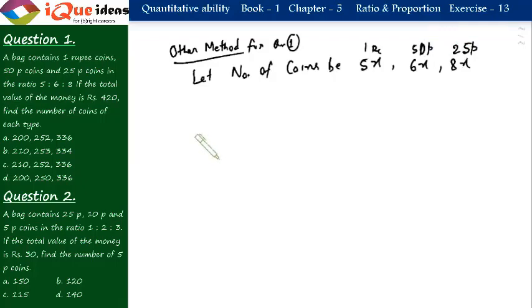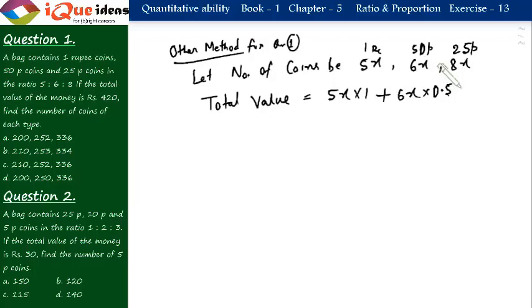Now how will you calculate the total value? There are 5x coins of 1 rupee each. So it is 5x into 1 rupee plus 6x coins of 50 paisa. Now 50 paisa is 0.5 rupees.